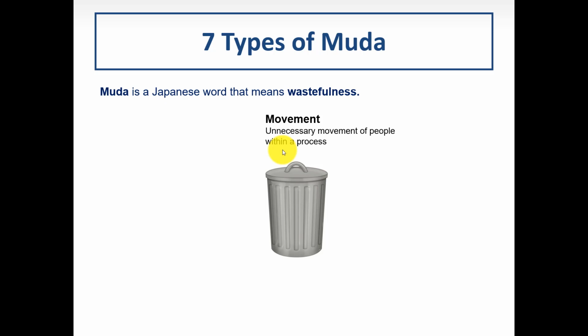Picture a worker that in order to assemble a part needs to go to point A and point B to bring some materials and then he can work. Picture maybe in an office, people walking around all over the place. This is excess of motion. This is a form of waste.